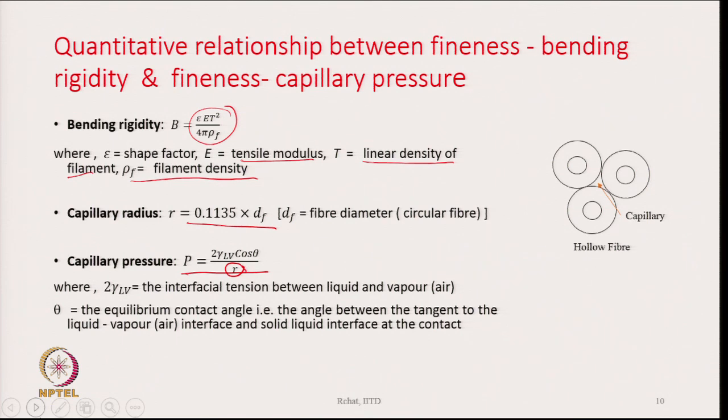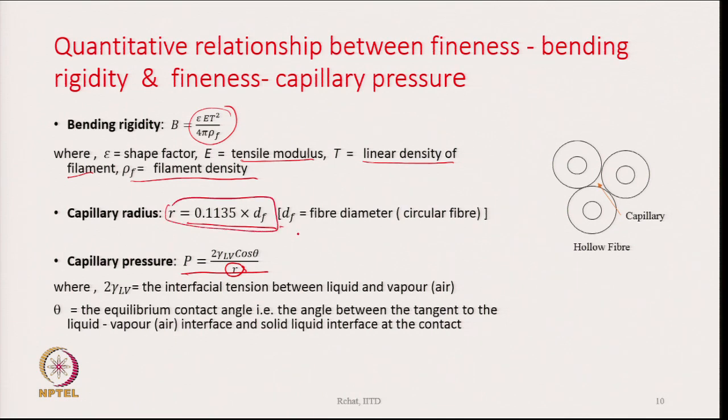Suppose it is a non-woven product. The capillary radius in non-woven is actually going to be much larger than what is stated here, because non-wovens have a lot of porosity, but in the case of yarns the value of R is the one stated here.